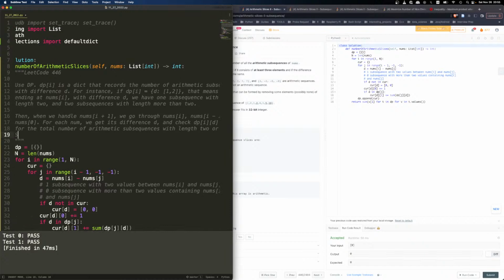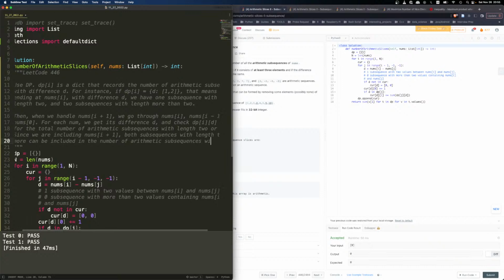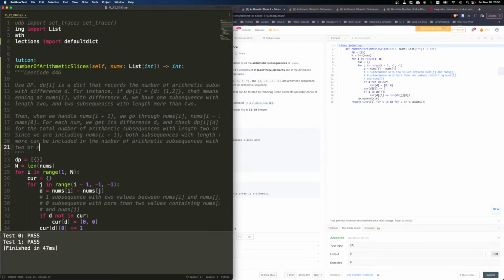Now, since we are including nums[i+1], both subsequences with length 2 or more can be included in the number of arithmetic subsequences with length 2 or more for dp[i+1].